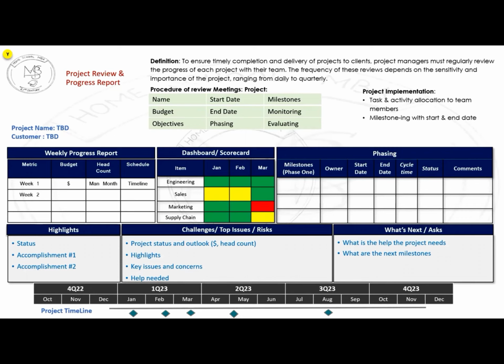Now, what it means is that every project has an importance for the company, and sometimes the clients are very pushing and very demanding, so you have to make sure that their projects are put on priority, and they are very closely monitored and reviewed, so that you deliver the project in time.